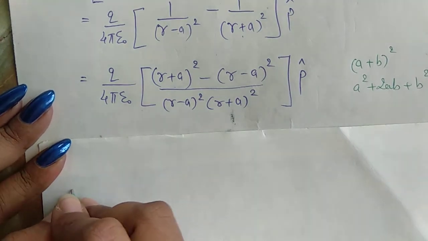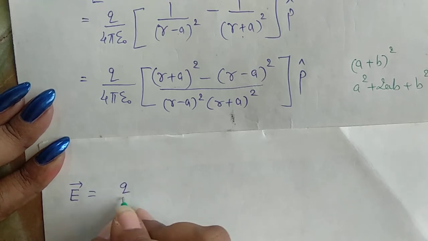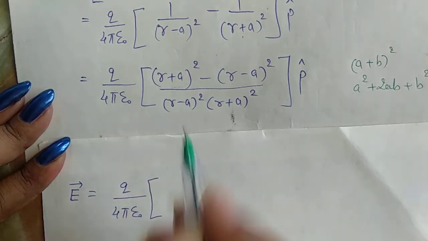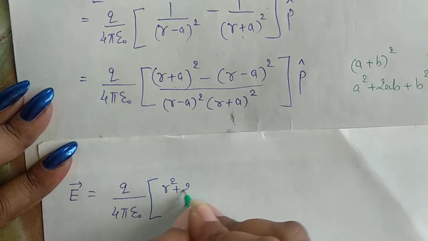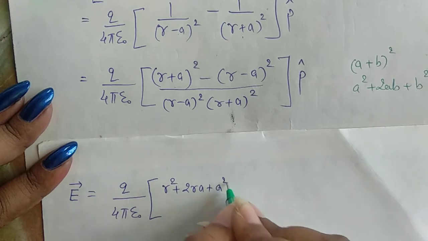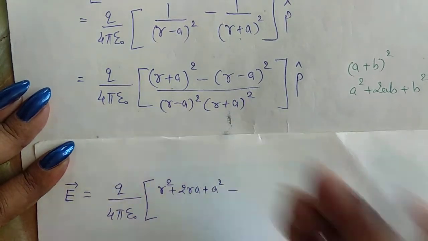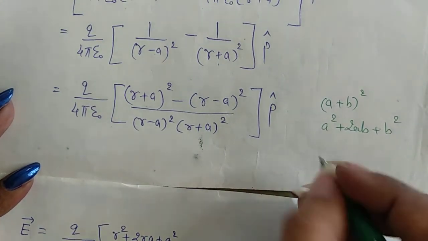So what I'll get is, instead of (r plus a) square, I'll be writing r square plus 2ra plus a square, minus, this is (r minus a) square. How can it be written?